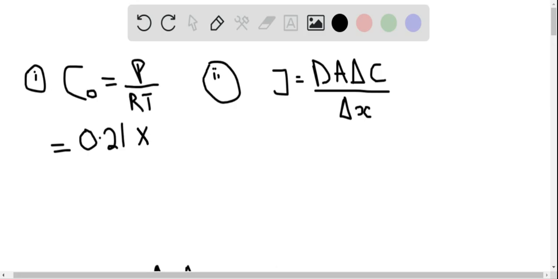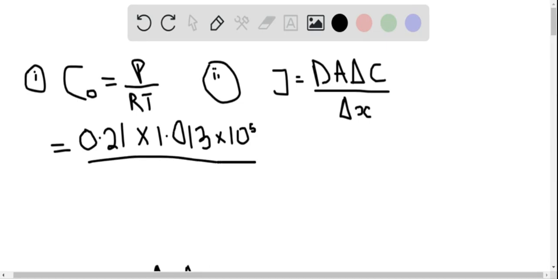So this is 0.2 multiplied by 1.013 times 10 raised to the power 5, divided by the universal gas constant, excuse me. So that would be 8.315 multiplied by temperature.